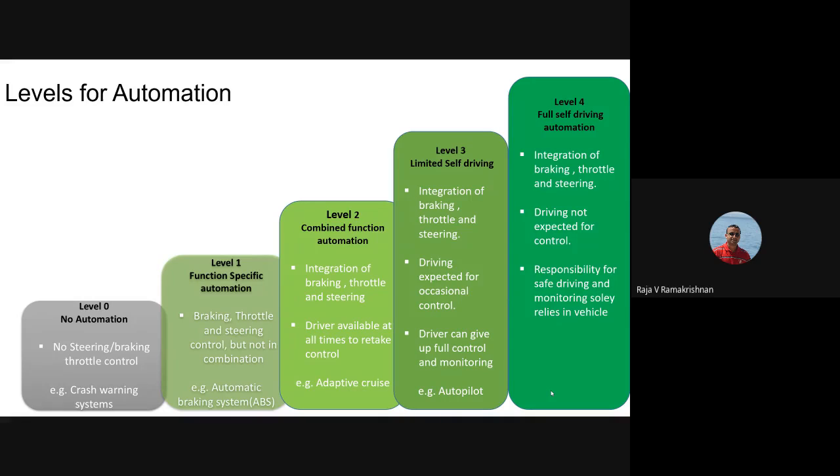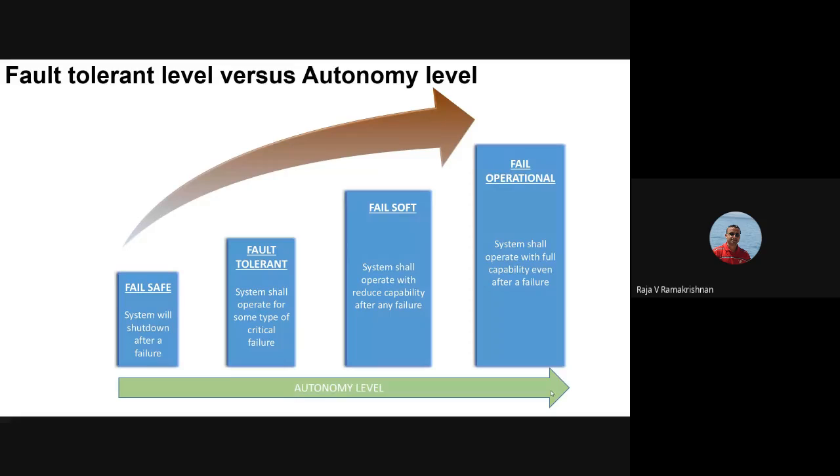It will evolve eventually, but it will take some time because there are a lot more areas where we need to make sure that you are able to take control or safely handle situations like weather and bad weather. But people are all working towards that, so it's going to be in the future for sure. Now, to reach level 4 or even level 3, the safety level in your system has to be much more than just fail safe, wherein you just shut down the system.